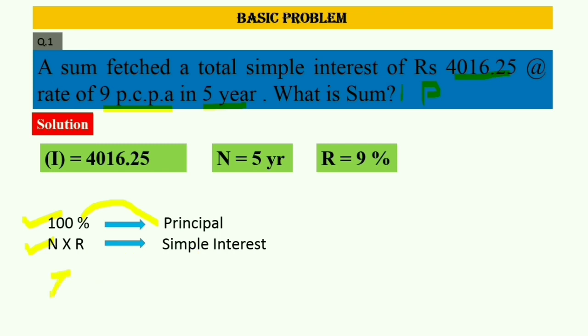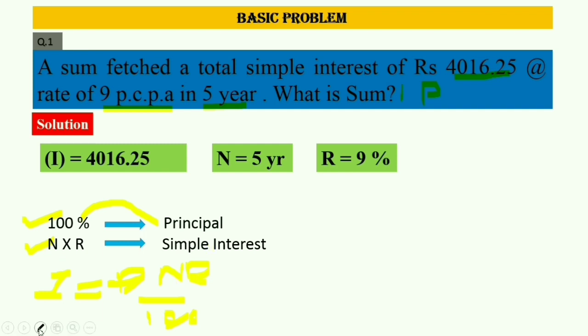To understand this, I will write the formula of simple interest, that is PNR upon 100. Whenever I put the value of P as 100, this 100 cancels with that 100, so what remains is I equals N into R. That's why I have written N into R as the simple interest.